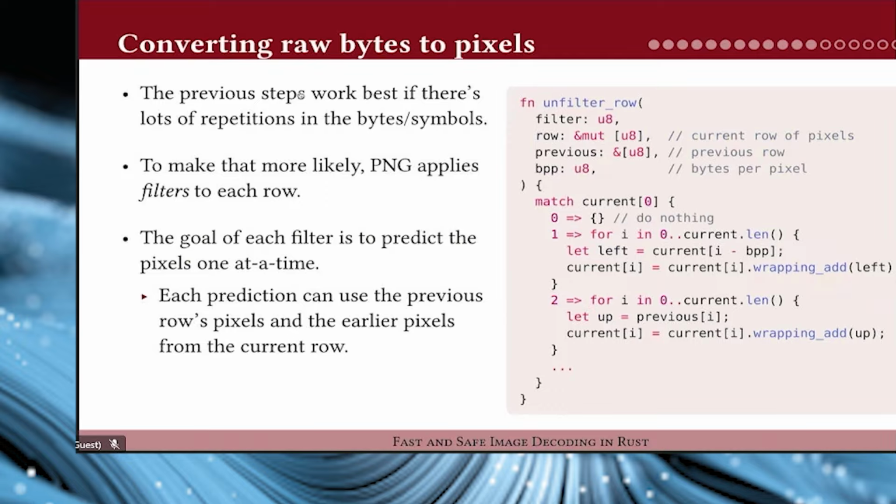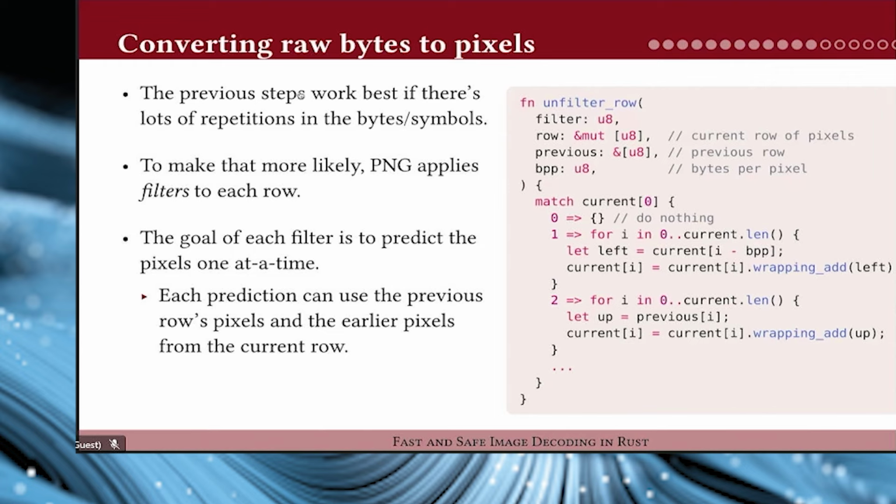So a simple predictor is maybe the previous pixel is a good guess. So you just save how different the current pixel is from the previous one. If you have an image that's all the same color blue, you save it in the first pixel. And then the next pixel says, oh, just remember that previous one? And you write 0, 0, 0 for all the differences. Now you've got a way to get all zeros, which you can compress really well.